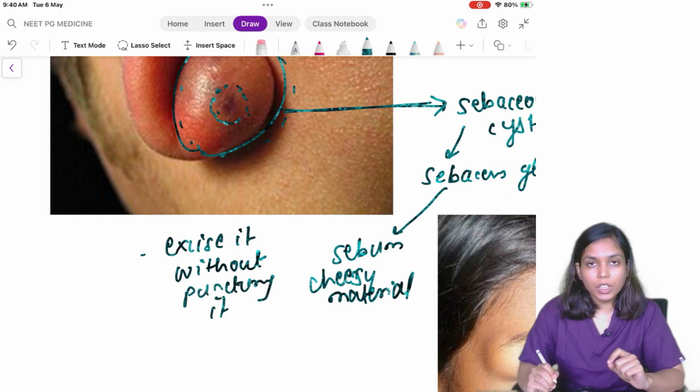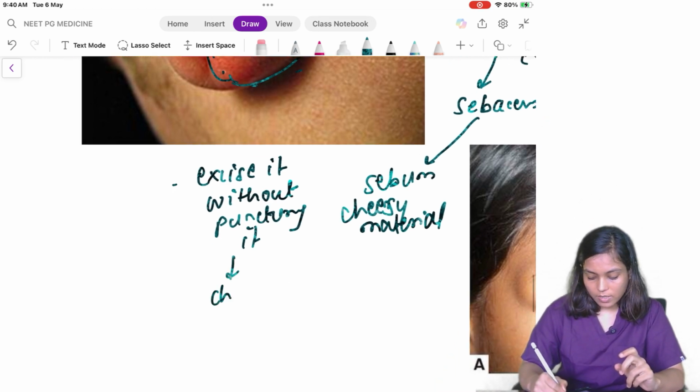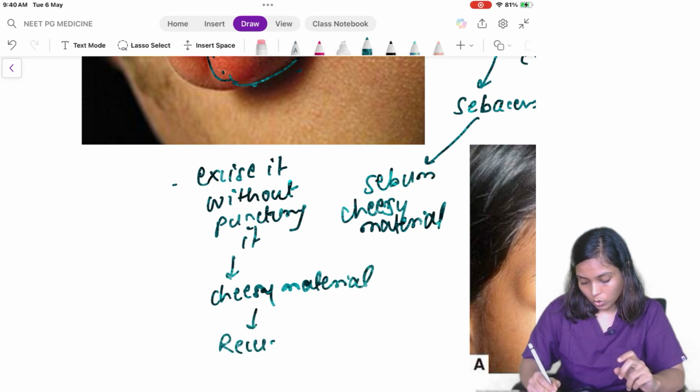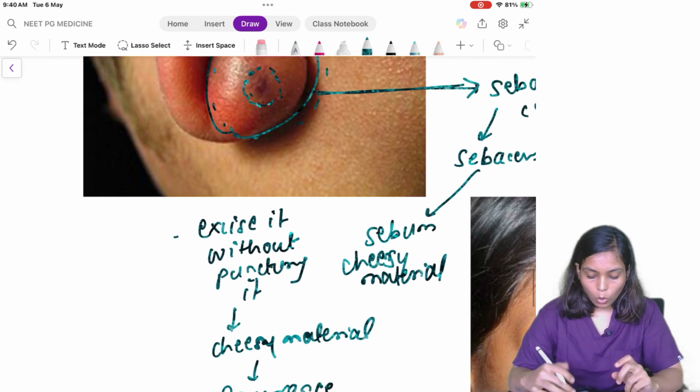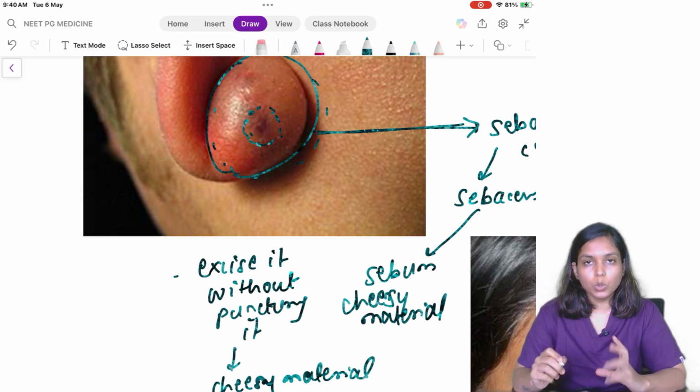If you puncture it and there is release of this cheesy material, then there are chances of recurrence. So here there is no role of cruciate incision. You need to excise it through and through.